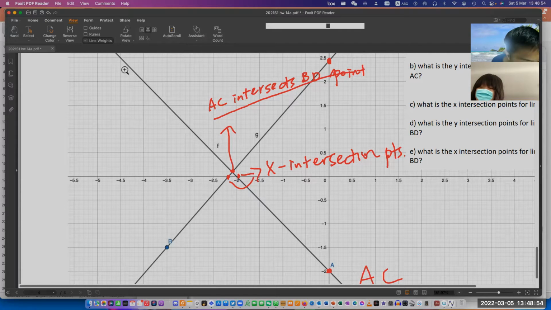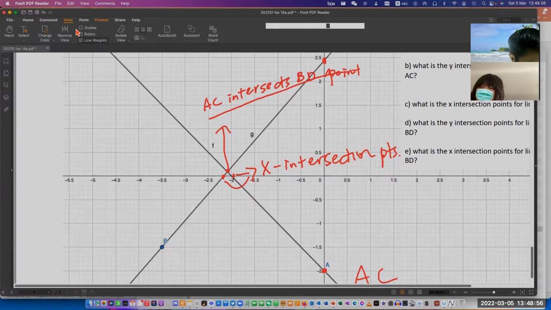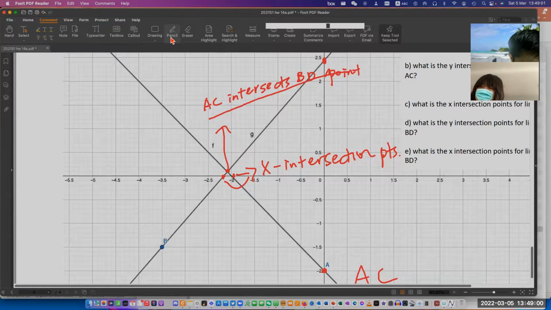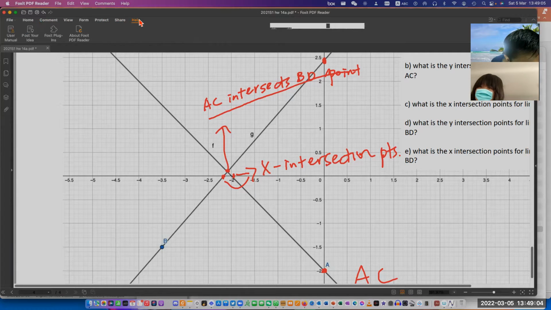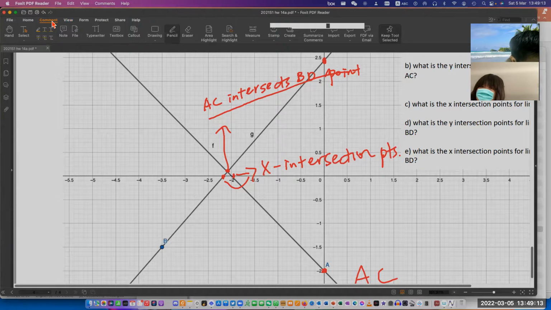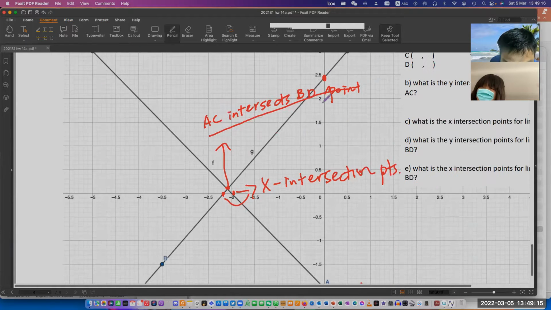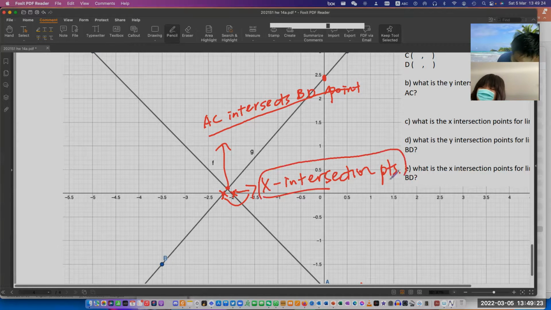Okay, I don't know how to trigger it, never mind. I use the cross to differentiate. These two points are called the X intersection points.